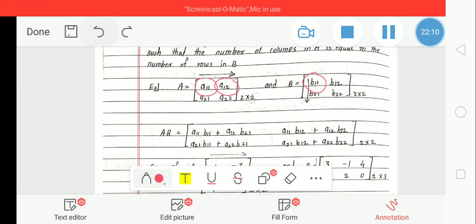Now we take the first row and the second element of the second column. Now first row and second column.